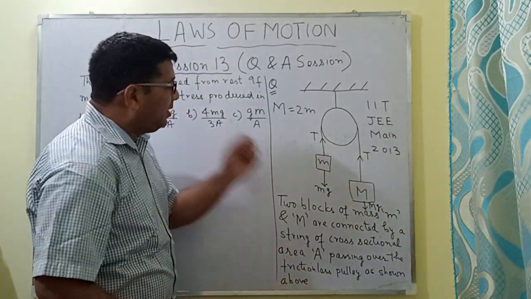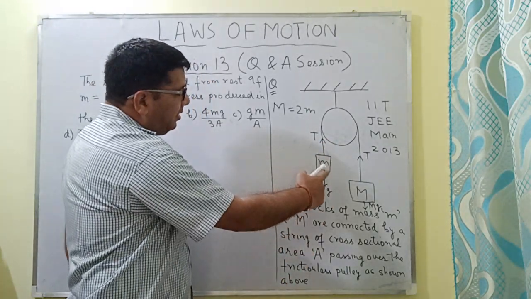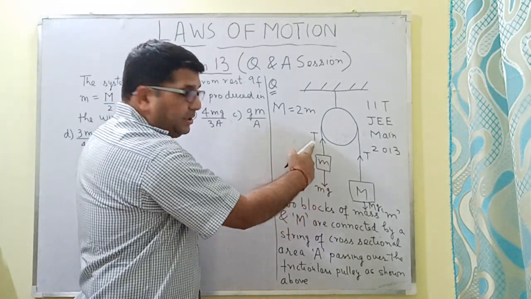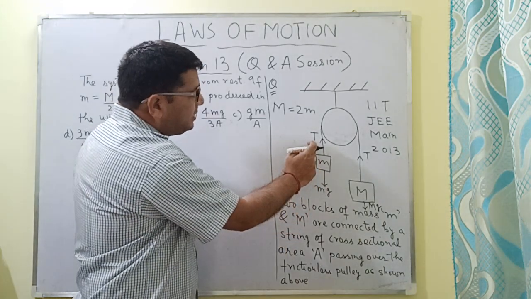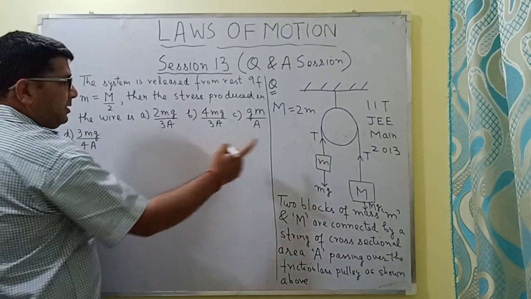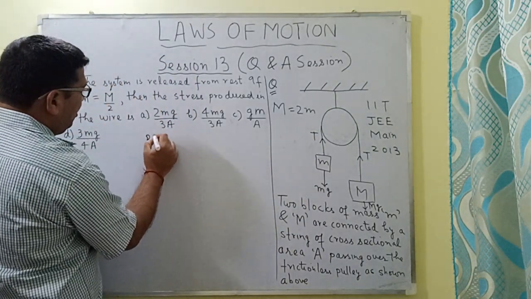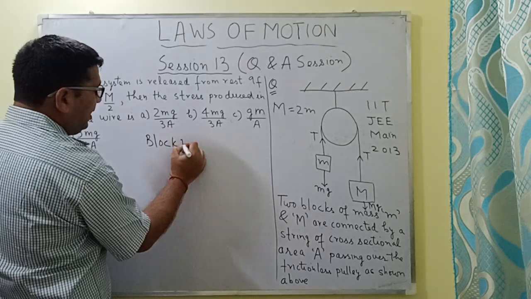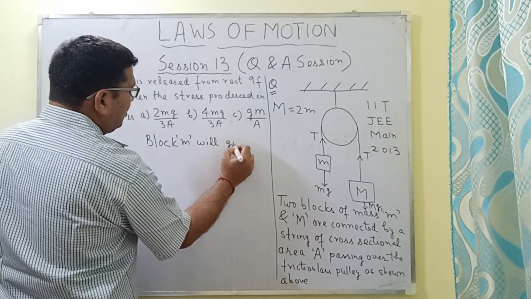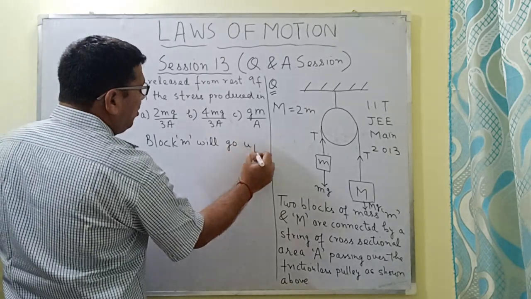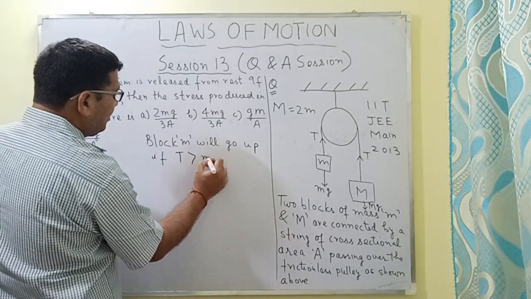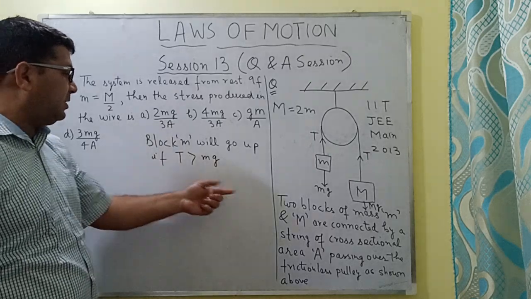In this case, the first case here is that since this block is going up, it is possible only when the tension in the string is more than the weight of this block. That is, block m will go up if T is greater than mg.